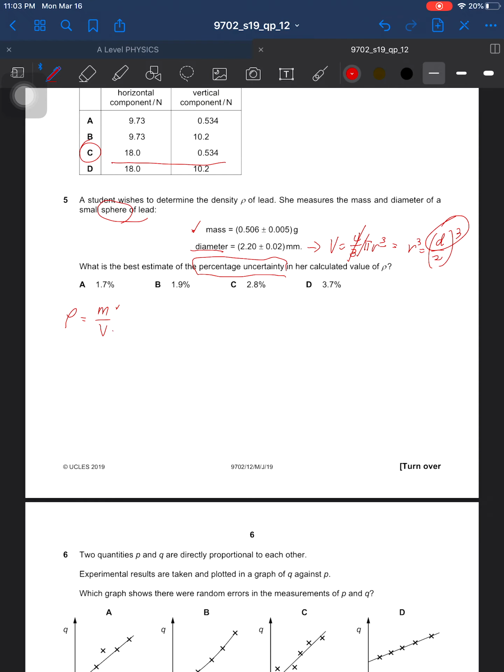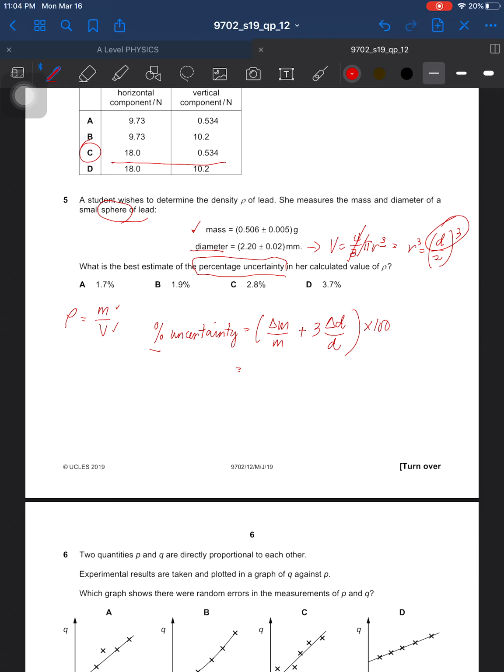To find the percent uncertainty, the formula is delta m all over m for the mass, plus, since this is d cubed, 3 delta d all over the measured value of d, and then multiply by 100 to get the percentage uncertainty.